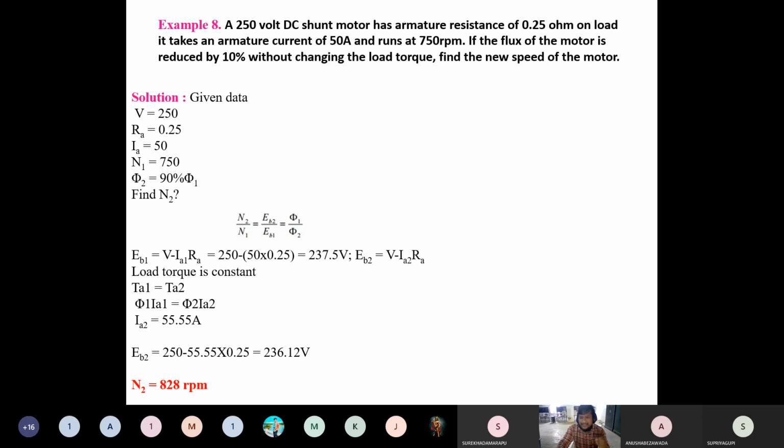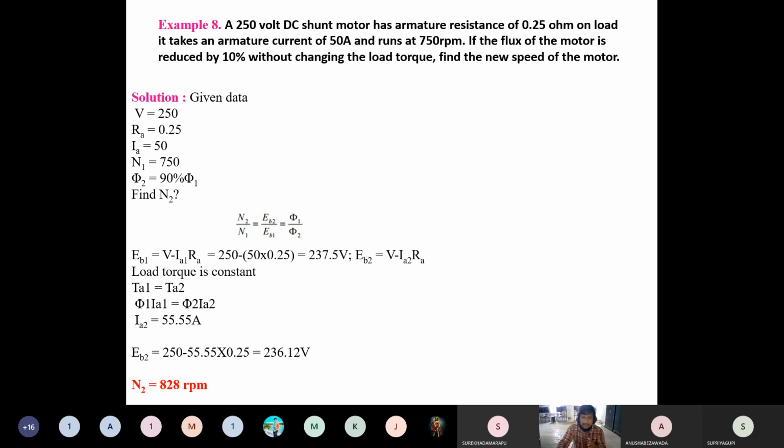So now we know the relation N proportional to EB by phi. Therefore N2 by N1 is equal to EB2 by EB1 into phi 1 by phi 2. This is not equal, this is multiplication. N2 by N1 is equal to EB2 by EB1 multiplied by phi 1 by phi 2. We know N1, that is 750 rpm.